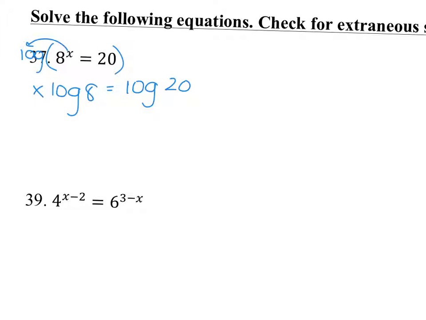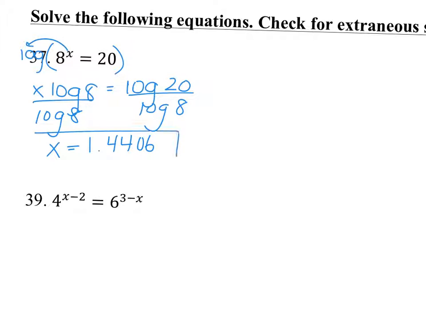To get x by itself, I'm going to divide by log of 8, which is why I have to use my calculator, because I have log of 20 divided by log of 8, which is 1.4406.